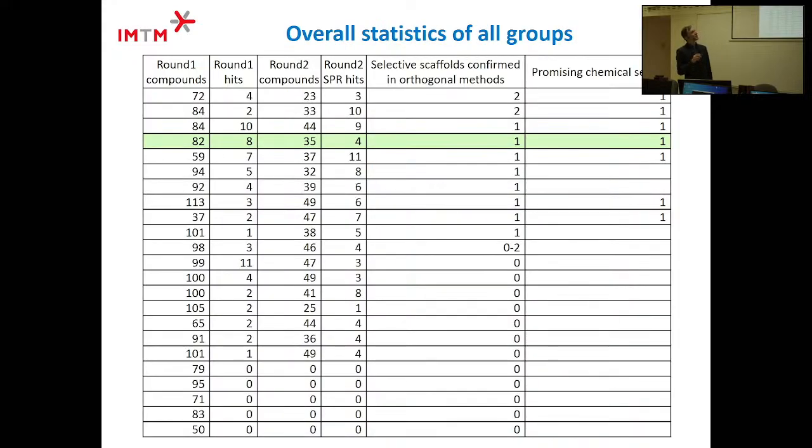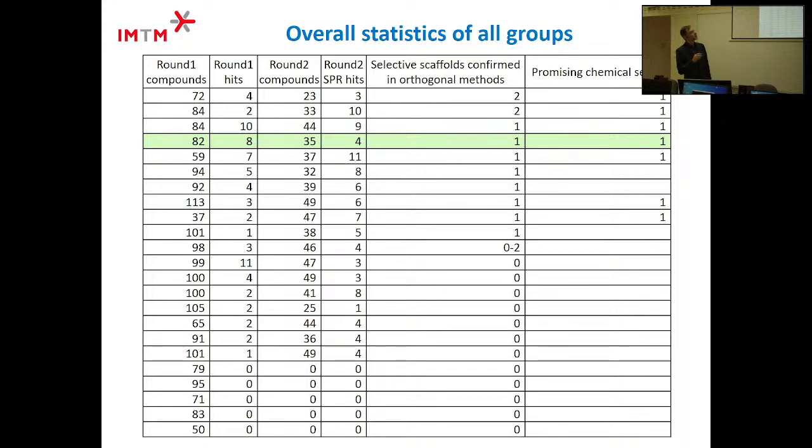So here is the overall statistic of all groups. Unfortunately, I couldn't find the identifiers of all groups in the list, because they supplied us with this preliminary result, the final one, and general statistics according to the number of molecules, but they do not provide exact names of these groups. I just wanted to point out that after the first stage, we discovered 8 hits.